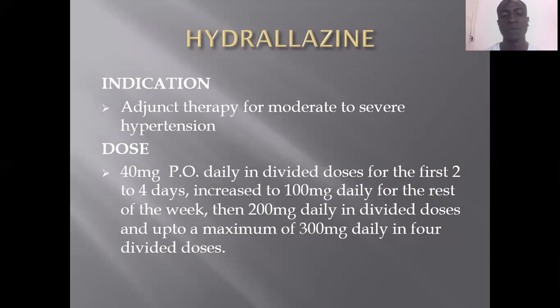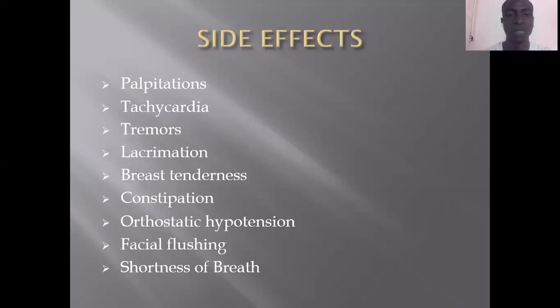Then 200 milligrams in divided doses, up to the maximum of 300 milligrams in 4 divided doses. So when the hypertension is between moderate to severe, you can give hydralazine. Side effect is palpitations.